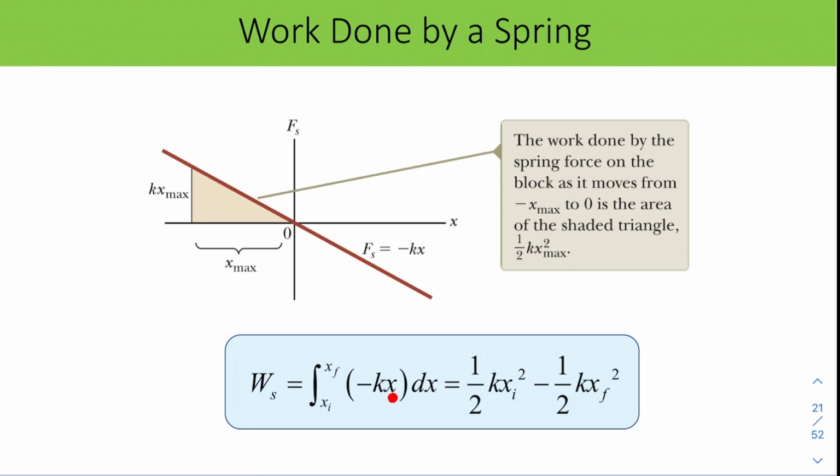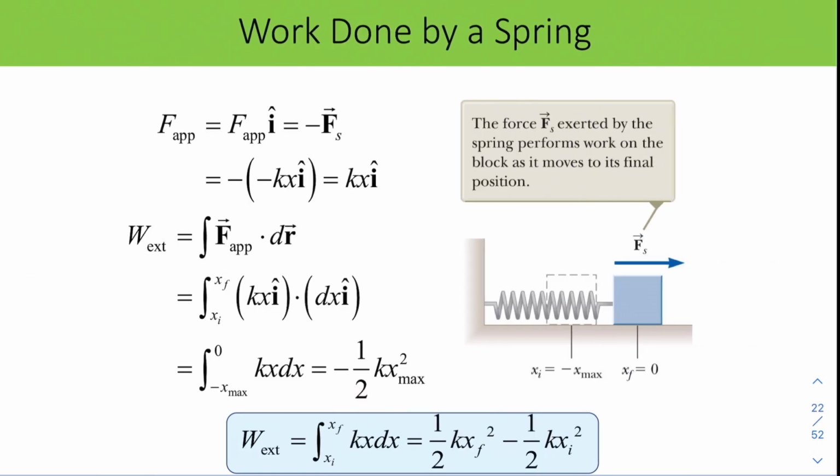So if we want to put it in general, the work done by the spring force on the block is equivalent to the integral of Fs, the negative kx, with respect to dx from the beginning, x initial, up to x final. So if this is the case, then the work done by the spring is half kx initial squared minus half kx final squared. So if you see here, it's initial minus final. Okay, so this is the work done by the spring on the block.